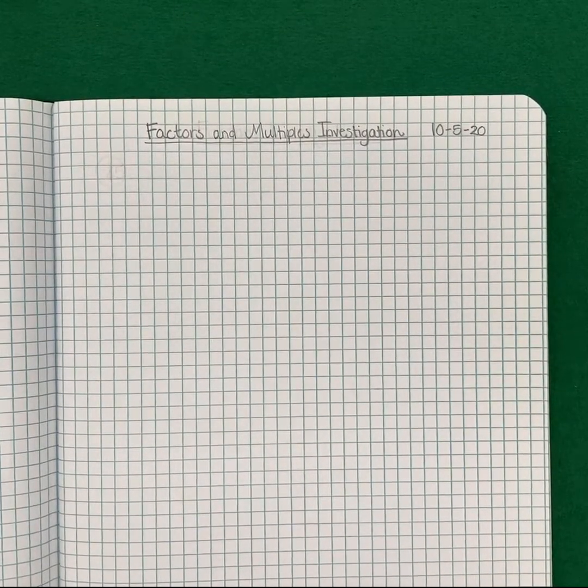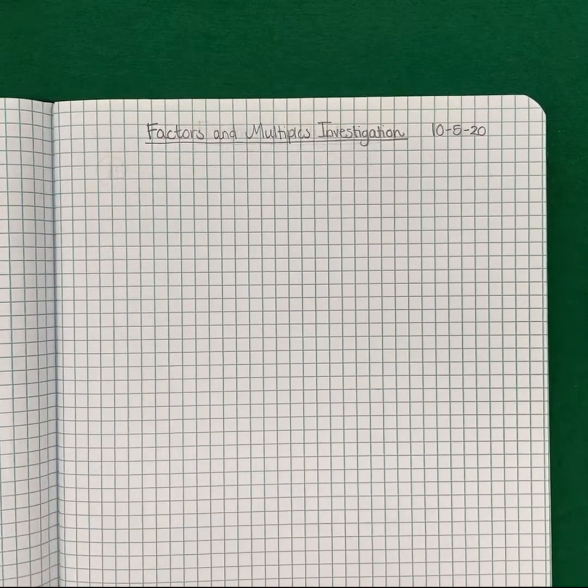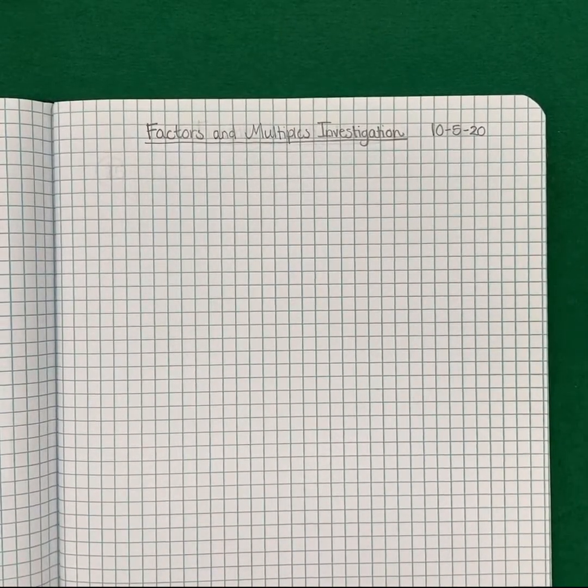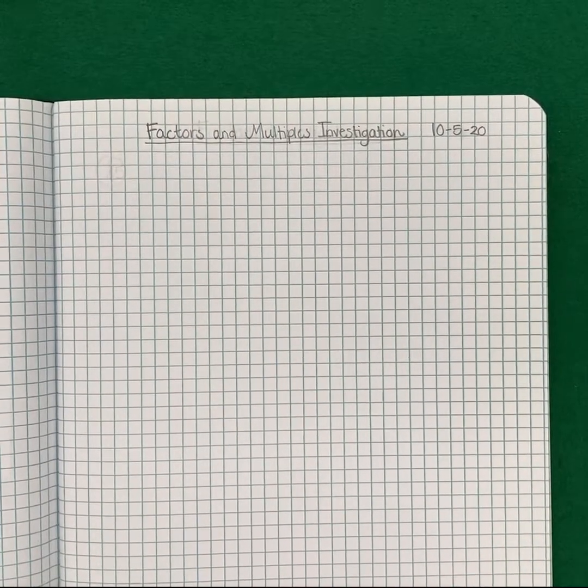And then once you have your title up at the top, I would like us to put a definition of what a factor is, just so we always have it.